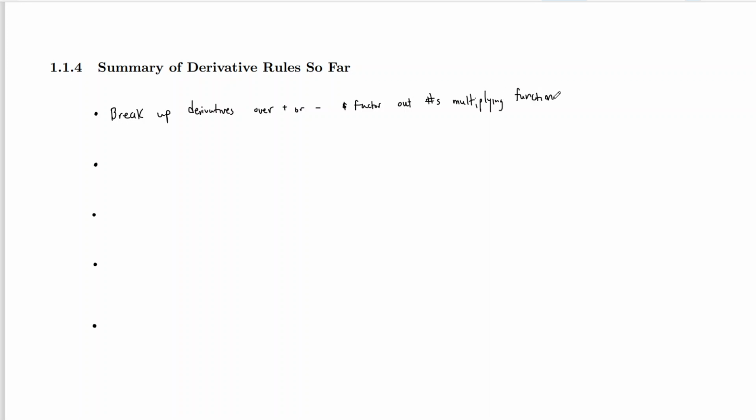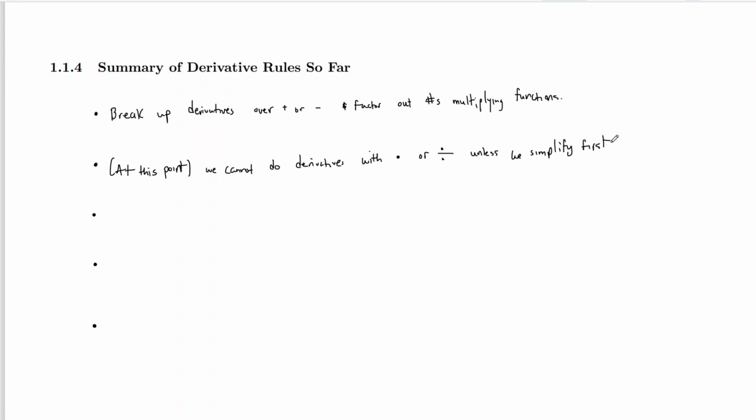All right, we did that in every problem, but by the end, what we were doing is we were pretty much doing these 2 steps at once. Another summary at this point, we cannot do derivatives with multiplication or division unless we simplify first.